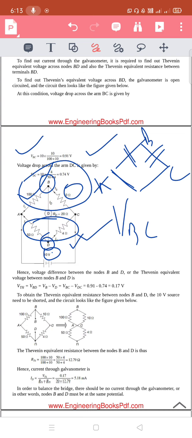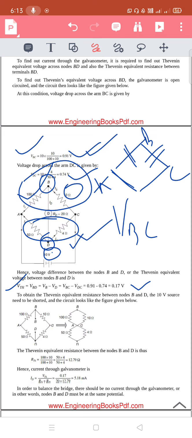So VTH is equal to VBD, and VBD is equal to VB minus VD. By applying these equations, we get 0.17 volt, that is the Thevenin's voltage.